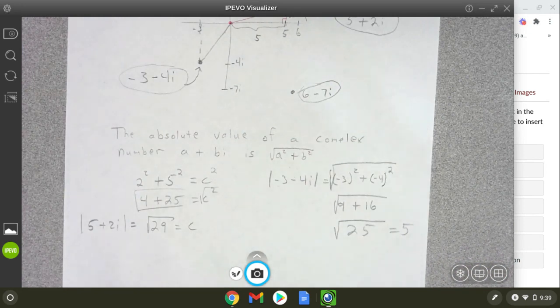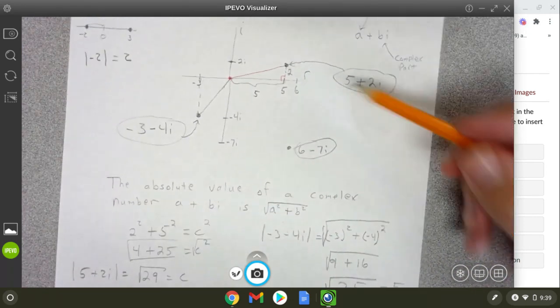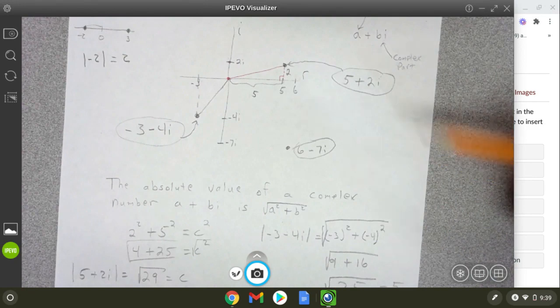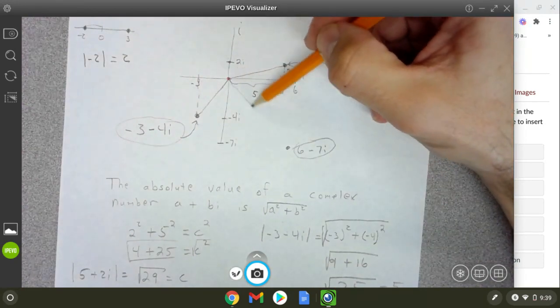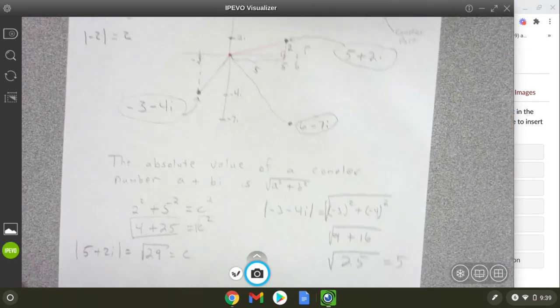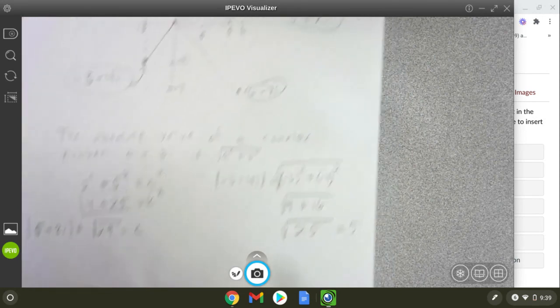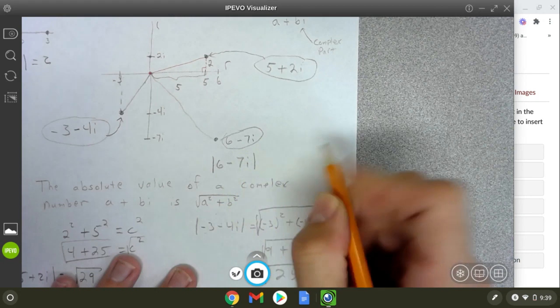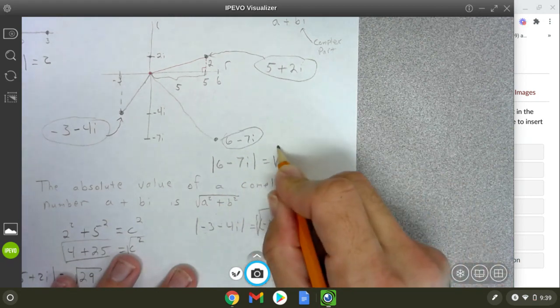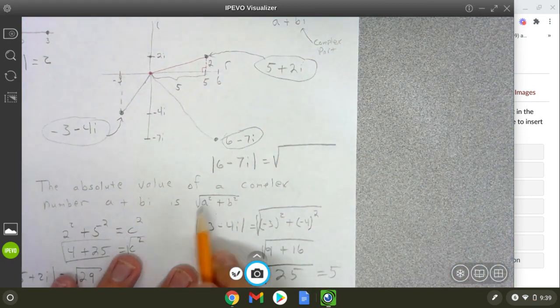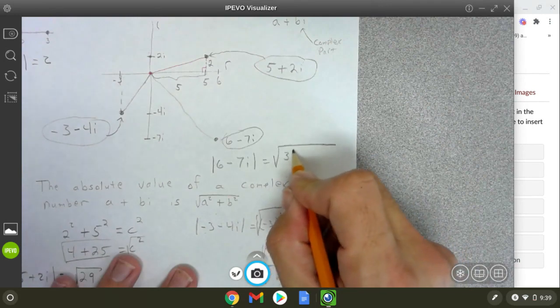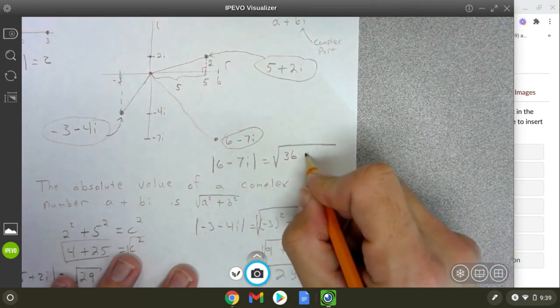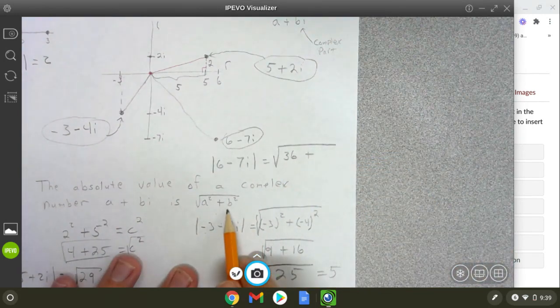Okay? I guess we can do it real fast. If we wanted to find this distance, that distance there, we would need to do the absolute value of 6 minus 7i, which is going to be the square root of a squared, which is 36, plus b squared, which is -7 times -7.